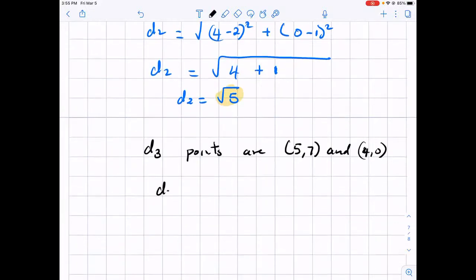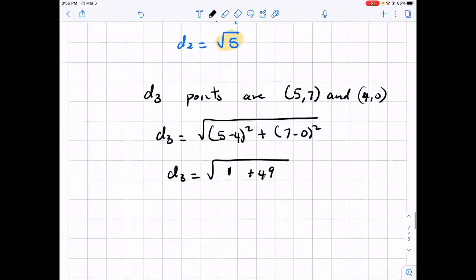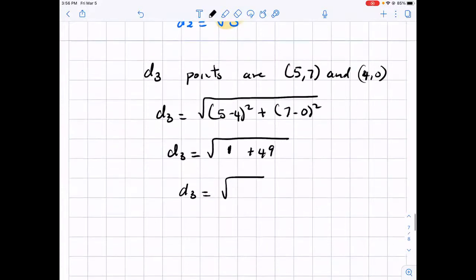So we can say that D3 is the square root of 5 minus 4 squared plus the y2 minus y1, which would be 7 minus 0 squared. So D3 is equal to the square root of 1 squared, which is 1, plus 7 minus 0, which is 7, and that becomes 49. So D3 is equal to the square root of 50.